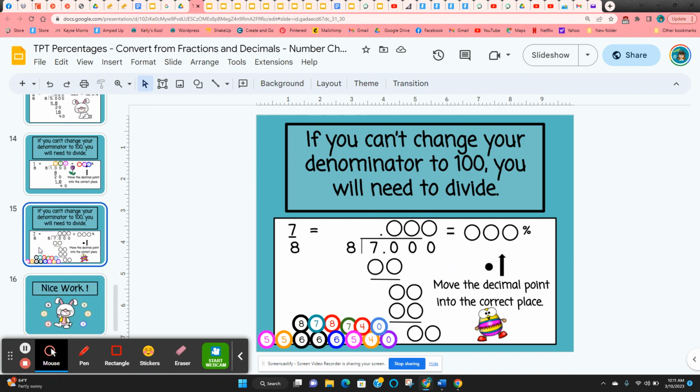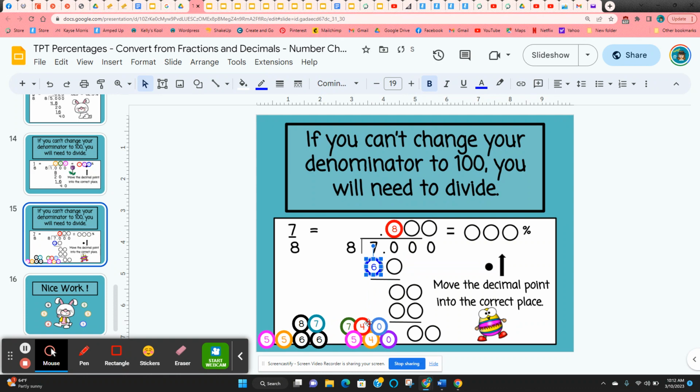Now the final slide, they have to do all of the division. So 7/8, you can't convert it to an equivalent fraction with 100 in the denominator, so they have to divide. 7 divided by 8. 8 goes into 70 8 times. 8 times 8 is 64.